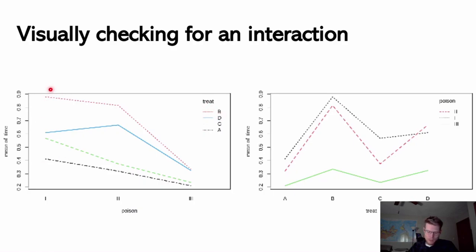Poison 1 seems to be pretty consistently okay, and then poison 2 is a little bit more mixed. So really, this one right here is the odd one sticking out, the one that doesn't follow the trend. Everything else seems to be pretty parallel and going the same direction. So I'm going to say it's very close to additive. Very close to additive.